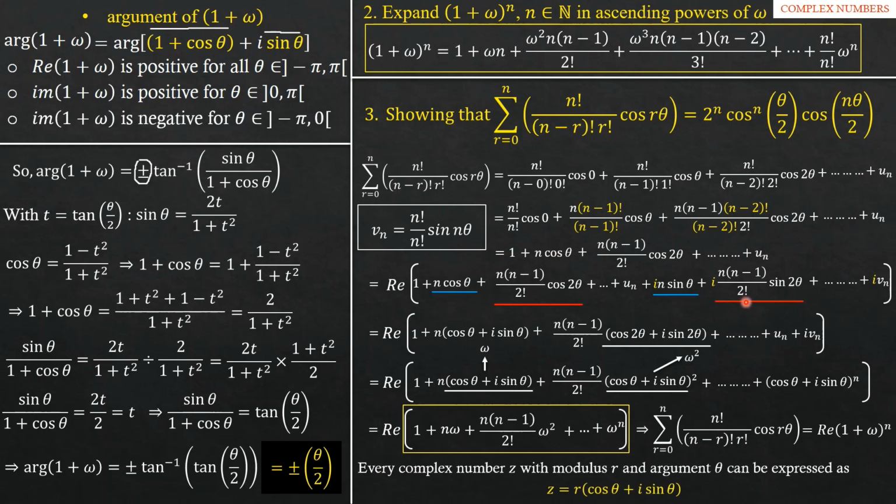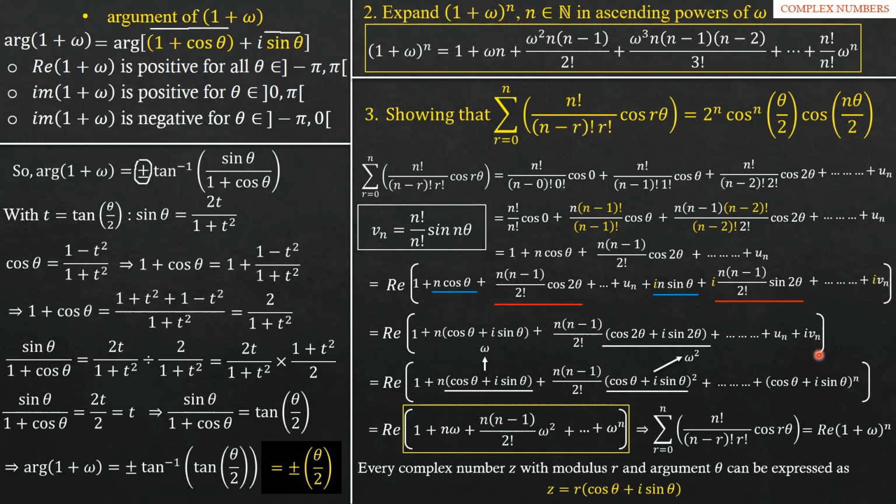Now we pair the terms together, the real parts and the imaginary parts. So I'm going to pair n cos theta with its imaginary part, which is i n sin theta. We factor out the n, we get cos theta plus i sin theta. Next, I'm going to pair this quantity with its imaginary part, we get this. And finally, we are going to pair the n term with the imaginary part, so u n plus i v n.